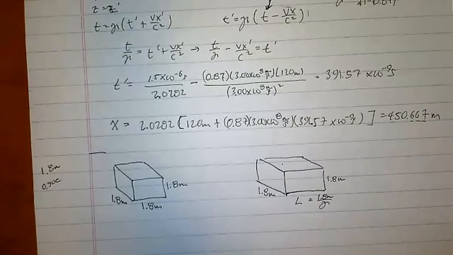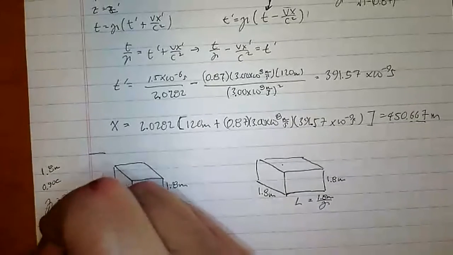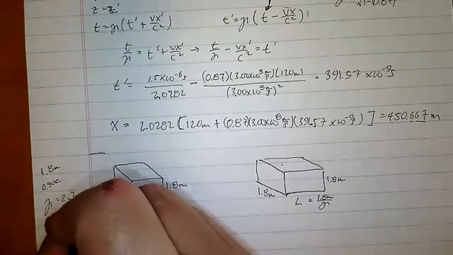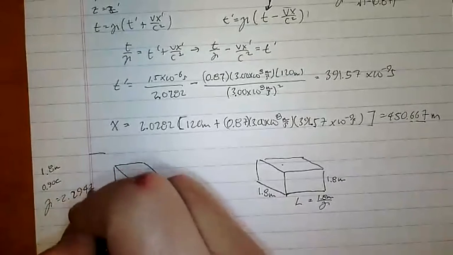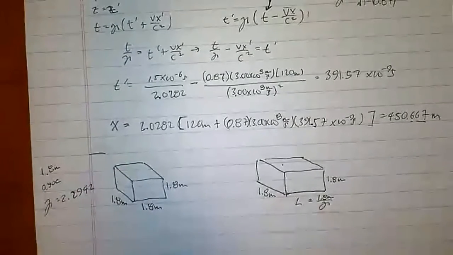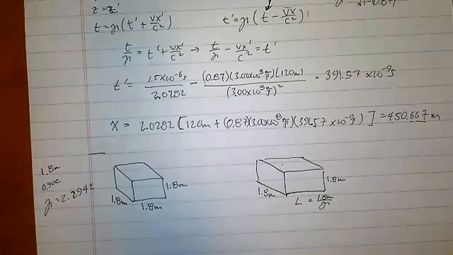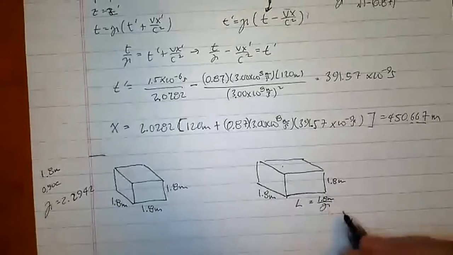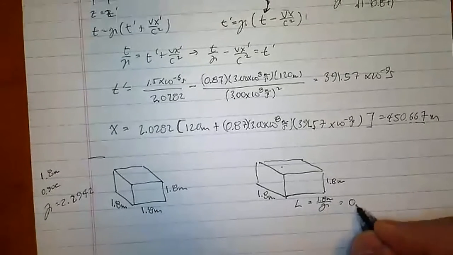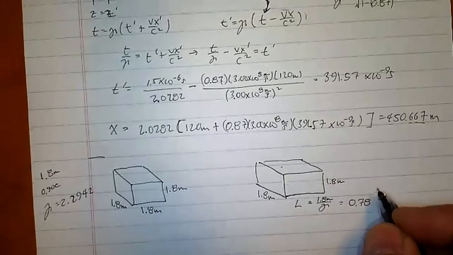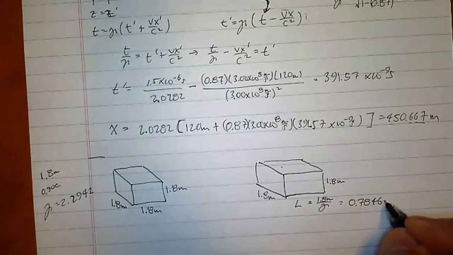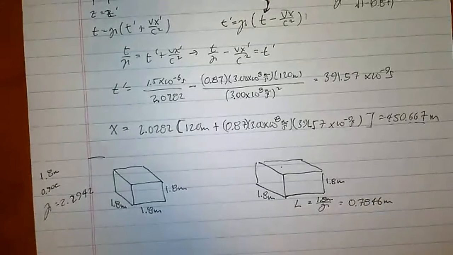I get a gamma factor of 2.2942. Wondering what I did wrong.